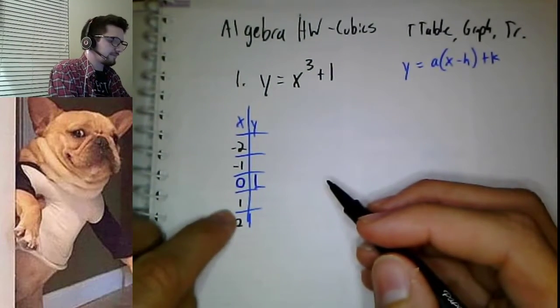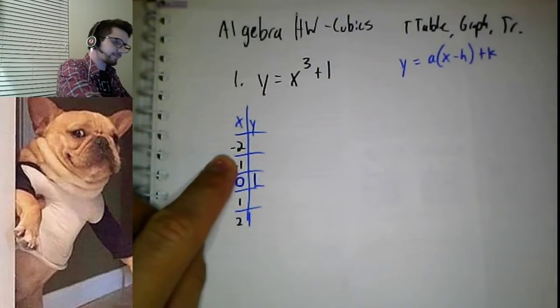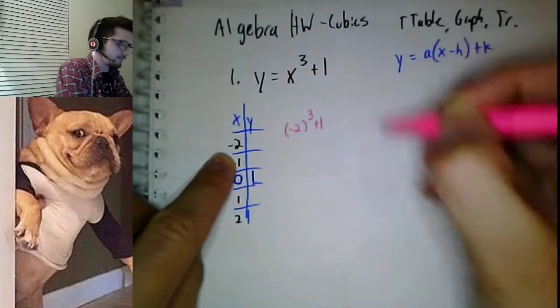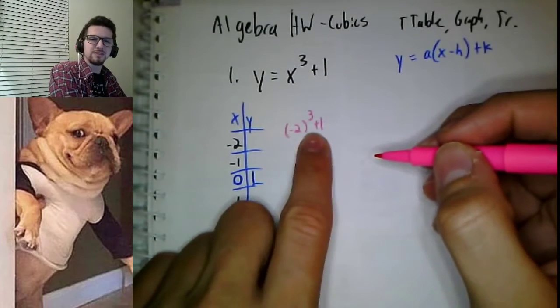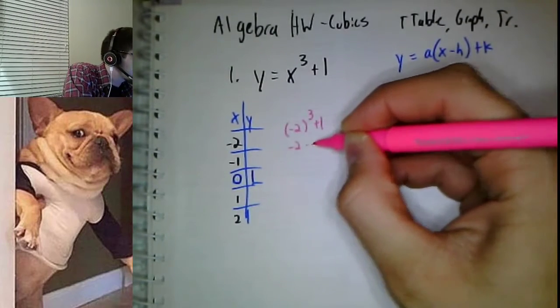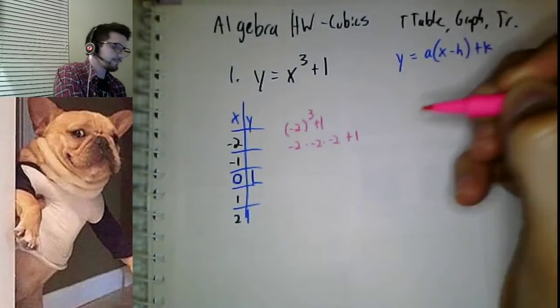If I plugged in negative 2 here, what's negative 2 to the cubed power? That means negative 2 times negative 2 times negative 2 plus 1.